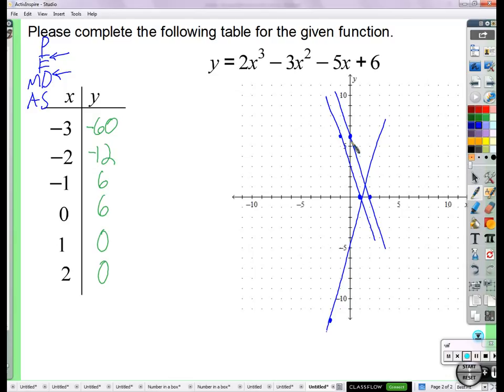We put in 0, we get out a 6. Well, supposedly this graph is made of all the other points that we didn't have time to plot. Well, according to this graph, there's also a point right there. There's also a point right down here.